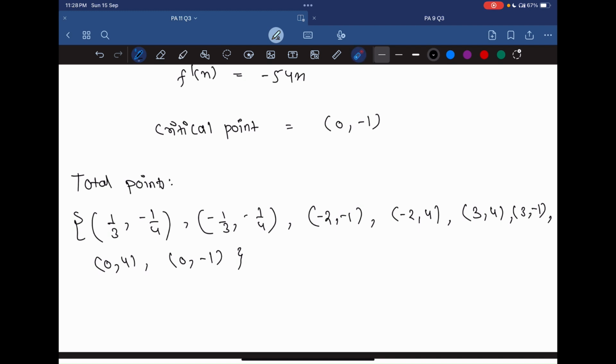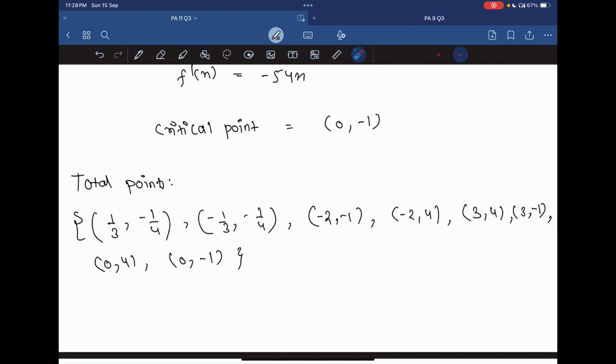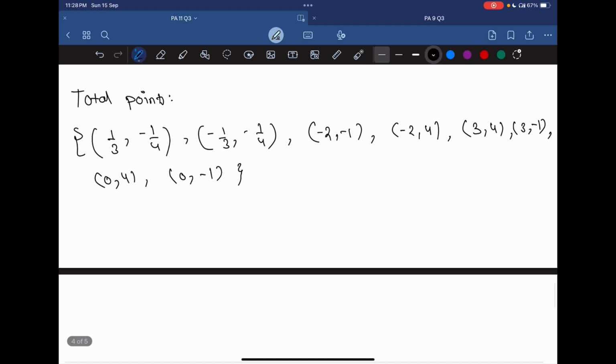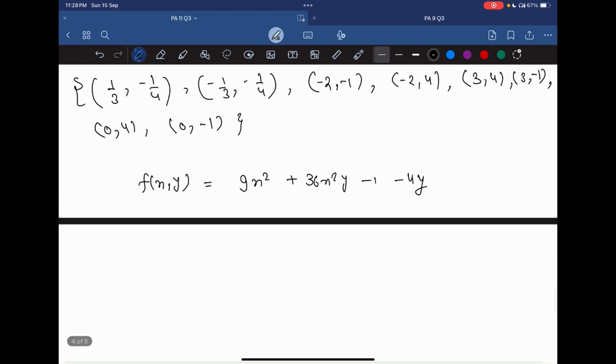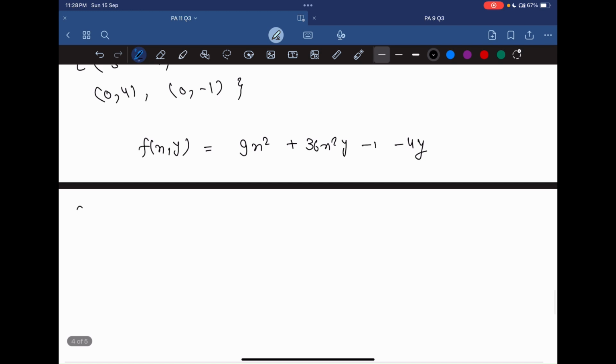So we will check the function value along these 8 points and conclude where it is maximum or minimum, and at what point it is maximum or minimum. So let's note down the function once again. Let's check it at 1 by 3 comma minus 1 by 4.